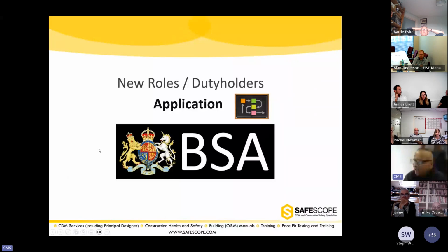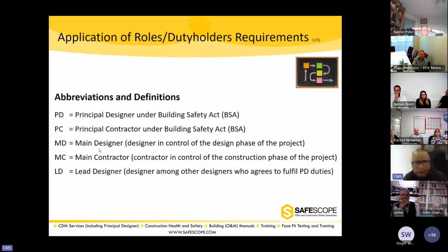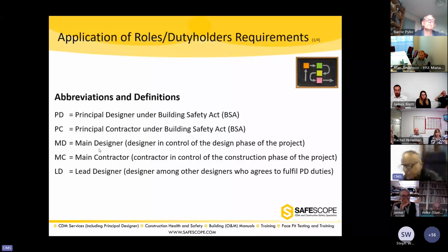So in terms of application, I'll have some definitions, and you bear with me with regards to definitions. A principal designer under the definition would be the principal designer appointed under the Building Safety Act. A principal contractor, PC, is a principal contractor under the Building Safety Act. MD, abbreviation, is the main designer, the designer who is in control of the design phase of the project.